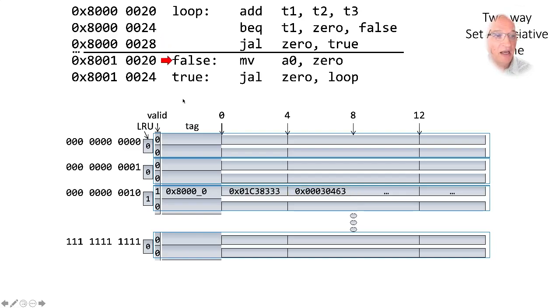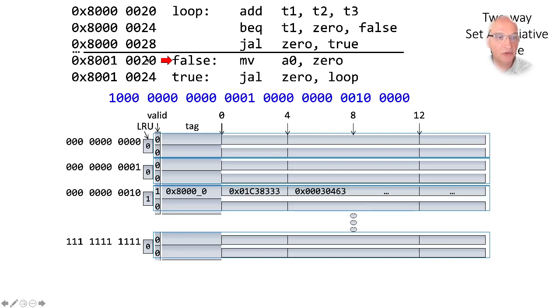And then I go to the false label, and in the false label, I need to fetch now the word from the address 0x80010020. So again, I do the mapping into the set, it maps to the same set. I check to see whether it matches the tag of the way 0 here.